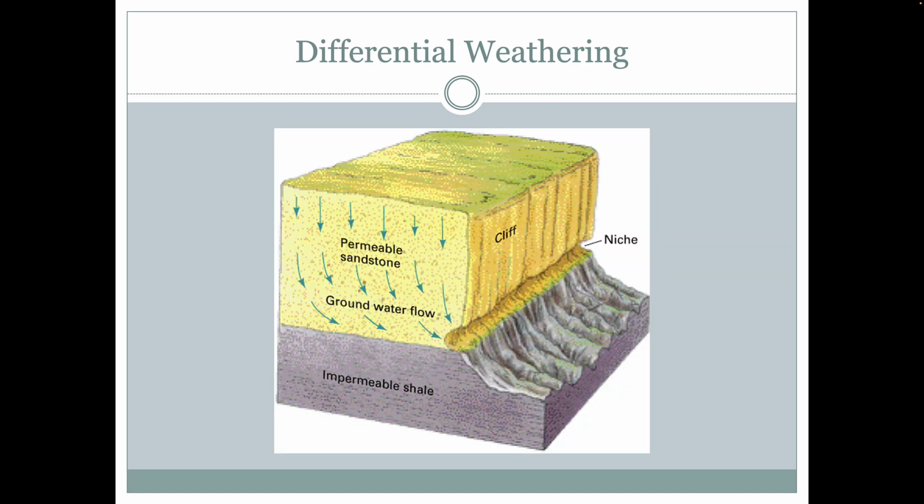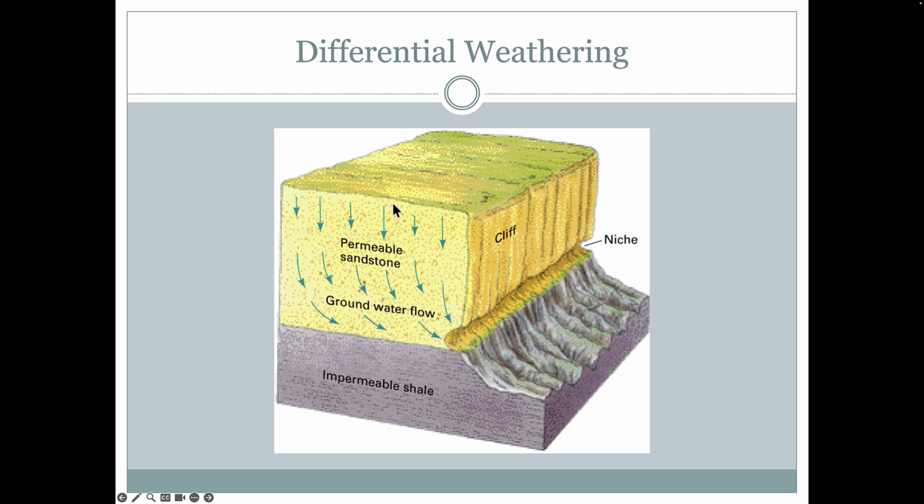Another thing that can happen with differential weathering is sometimes we can direct a lot of flow into one particular area. So here we have 2 layers of sedimentary rocks. We have a shale on the bottom and a sandstone on the top. And even though sandstone looks like a solid rock, if you've ever held one, water will typically slowly permeate through most sandstones.